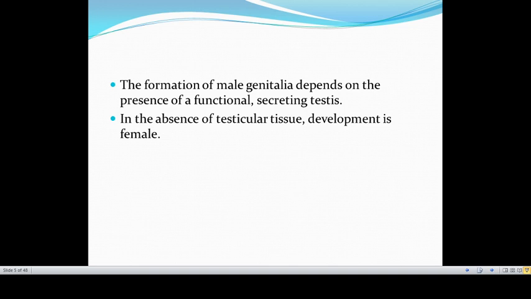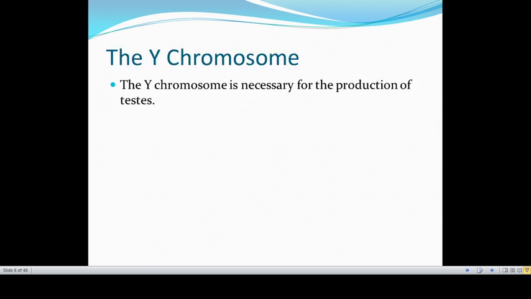Okay, I will now review some important points about sex differentiation and development. We, from our previous knowledge, know that sex is determined genetically by two chromosomes called the sex chromosomes, to distinguish them from the somatic chromosomes, the autosomes.